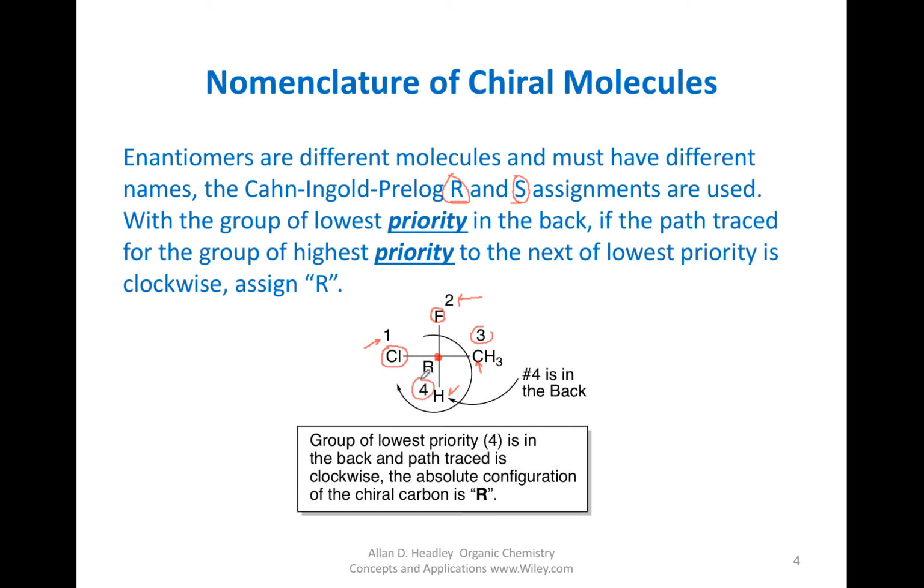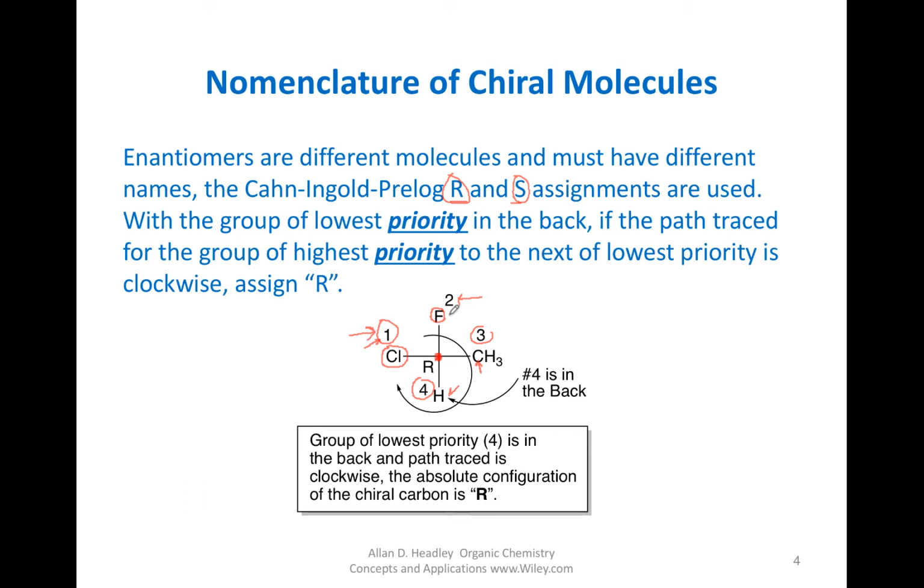So let's do that again. Look at the atom that's bonded directly to the carbon. Look at the periodic table and determine the atomic number. The atom with the highest atomic number gets the highest priority. So chlorine here, which has atomic number 17, gets priority number 1.